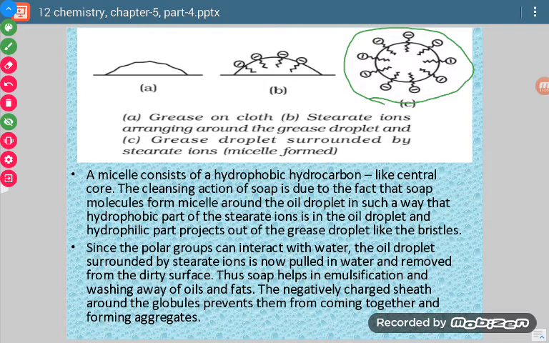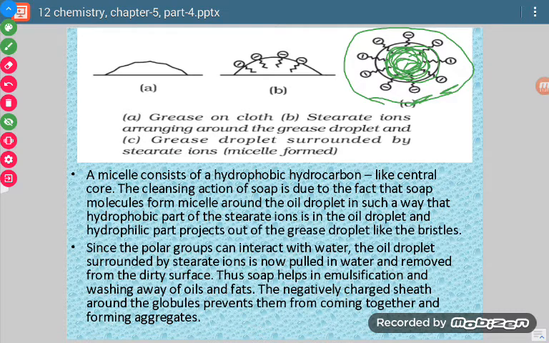Okay, now when so many molecules get attached with the oil drop or with the grease drop, then the end which is outside, that end will repel each other. Why will it repel each other? Because of similar charges. So because of similar charges, they will repel each other, and what will be the result? Since they are in touch with the grease, okay, they are in touch with the oil drop or grease.